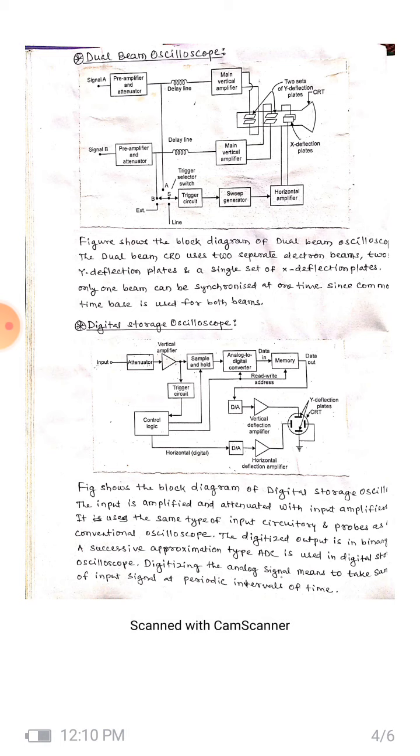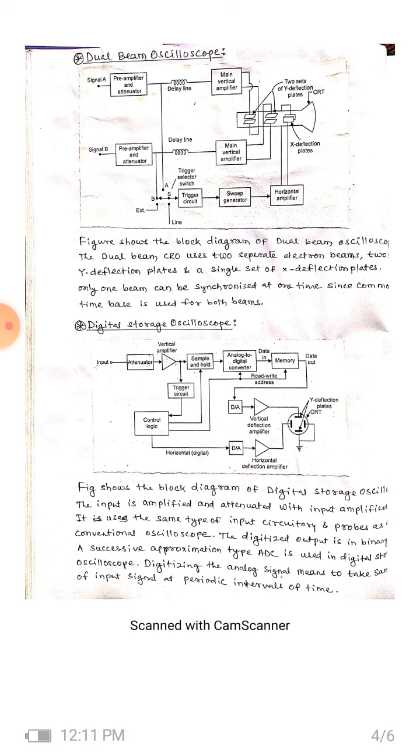We can see the different blocks here: there are two signals, signal A and signal B, and they are applied to different blocks like preamplifier and attenuator, and there is a main vertical amplifier, a delay line, a trigger circuit, sweep generator, horizontal amplifier, and a CRT. This can display two waveforms, and the waveforms can be compared in terms of amplitude, phase, or time.